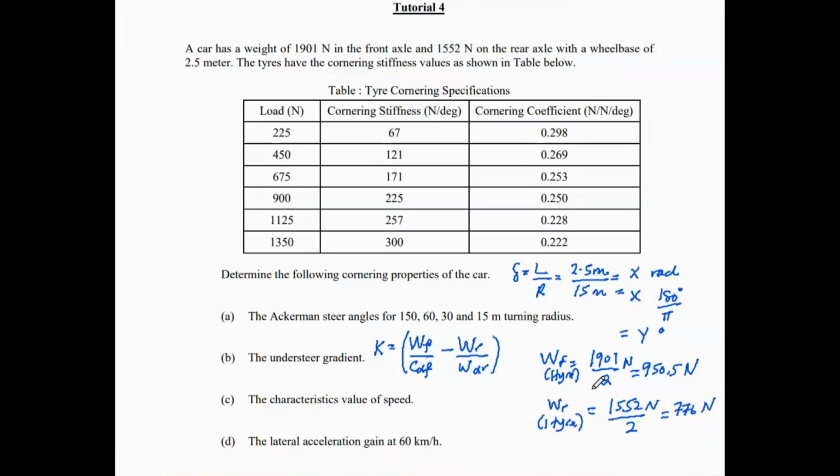So for example, at the front tire, the one tire load is 950.5 Newton. It lies between 900 and 1,125 Newton.